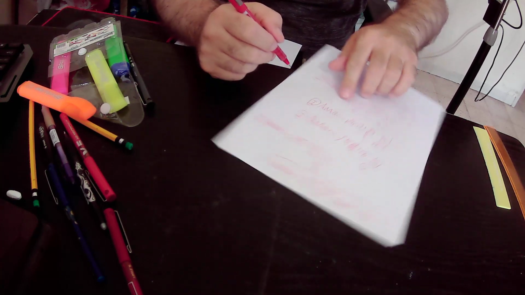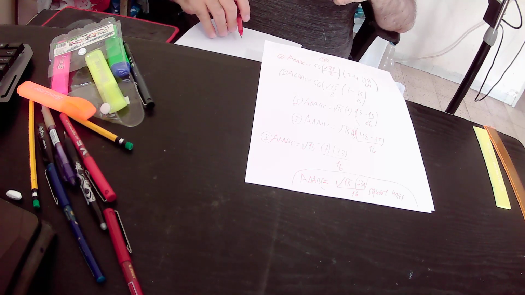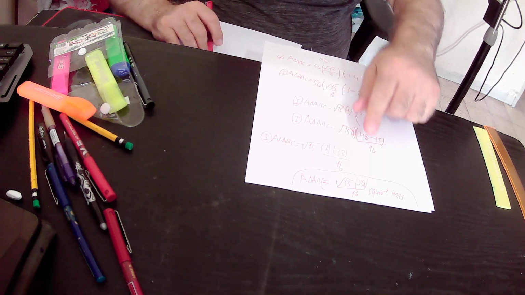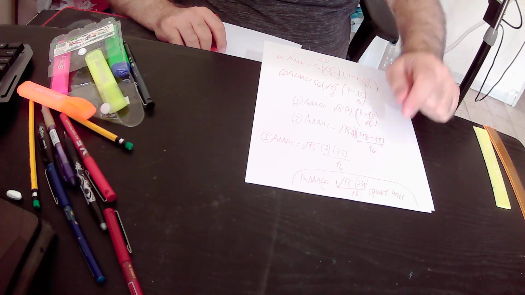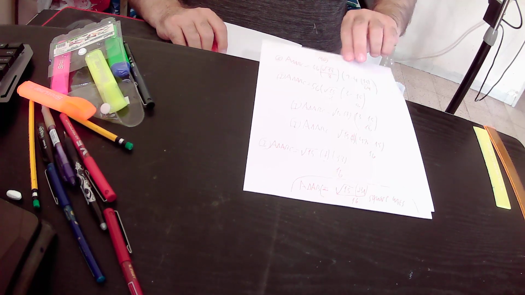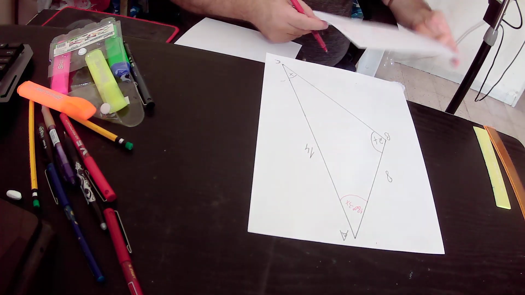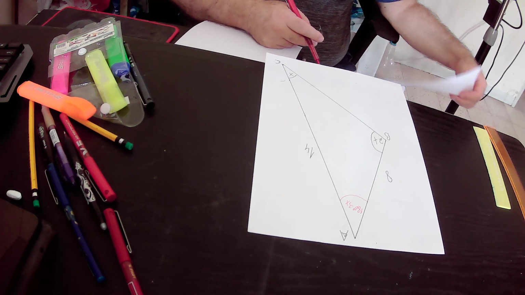Okay, so the final answer to the question is that the area of triangle ABC equals root 15 times 231 over 16 square units.